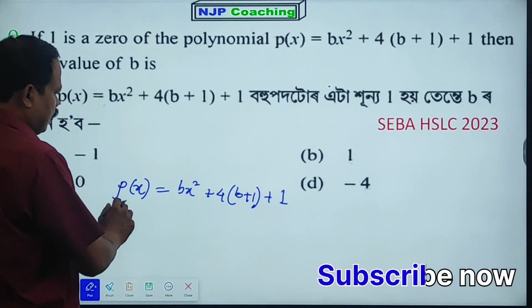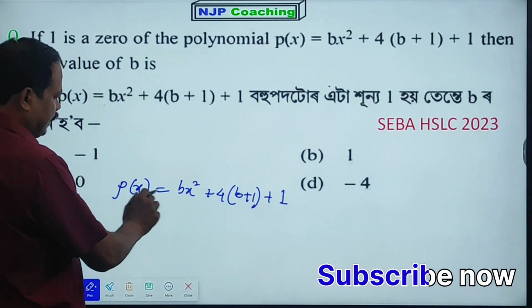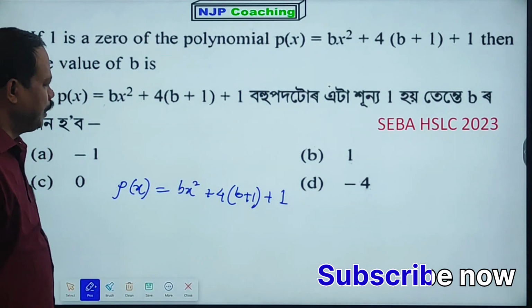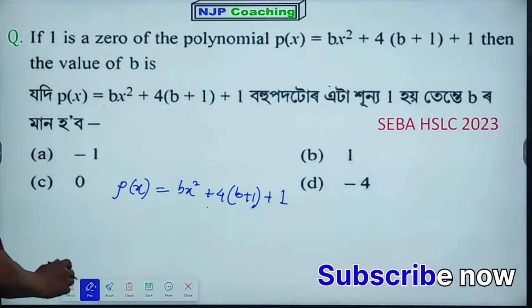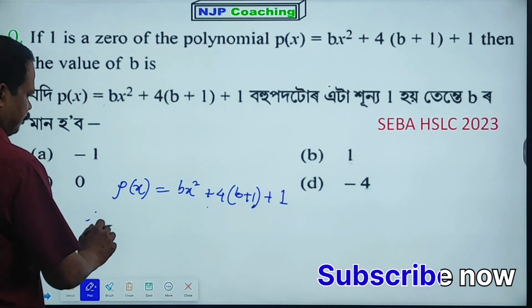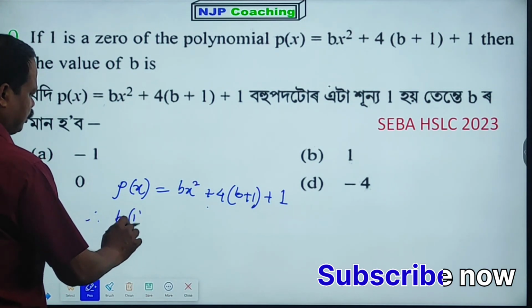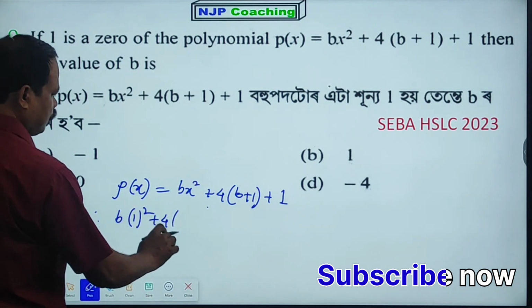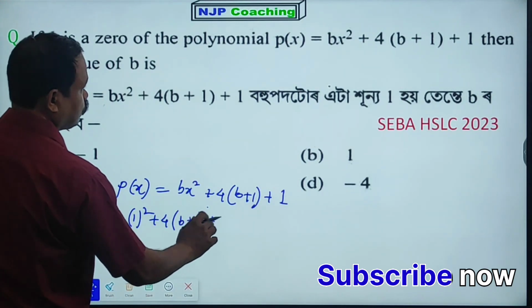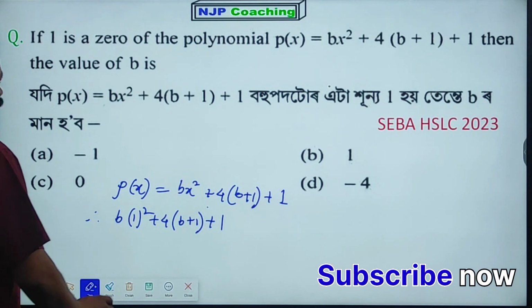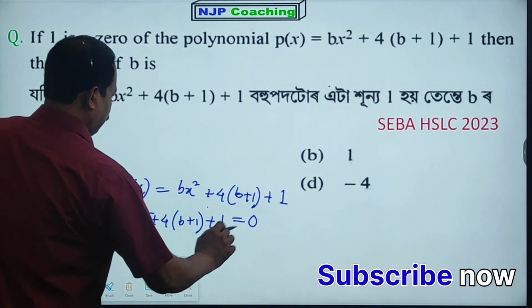So if I put x equal 1, then the value of the polynomial becomes 0 because 1 is a 0 of the polynomial. Therefore, b into 1 square plus 4 into b plus 1 plus 1 is equal to 0.